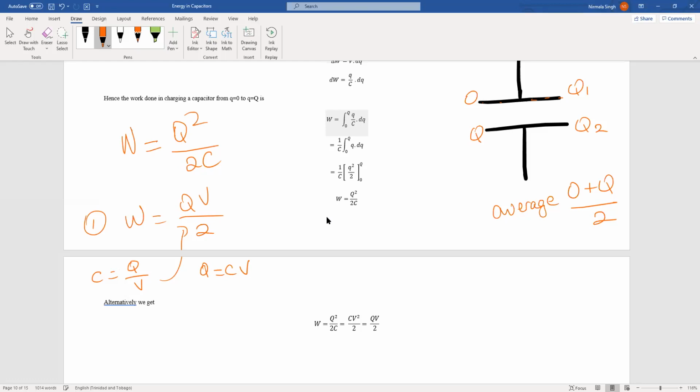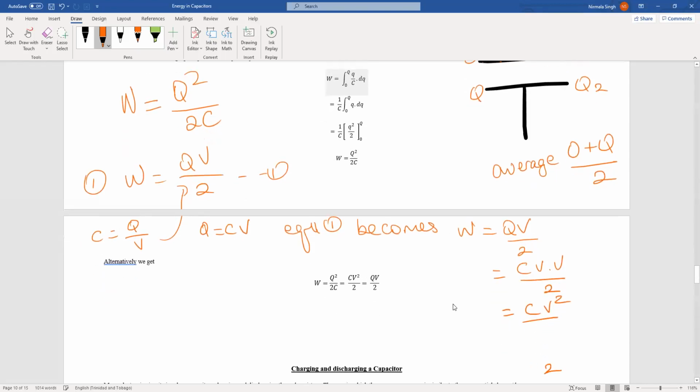So if Q is equal to CV, this equation 1 becomes work is equal to QV upon 2. We know Q is equal to CV, so you're going to write CV by V over 2. So you're going to get CV squared over 2. So that's how you get your second equation. That's equation 2.